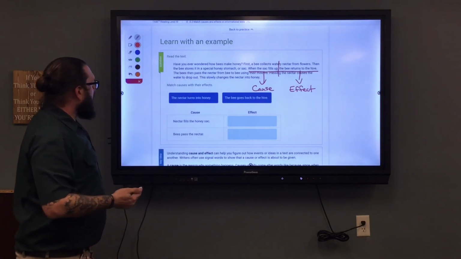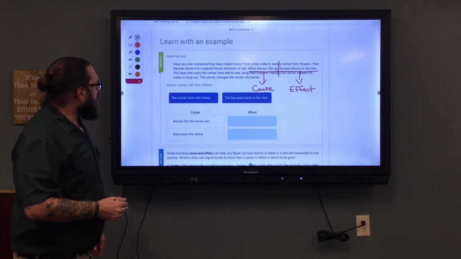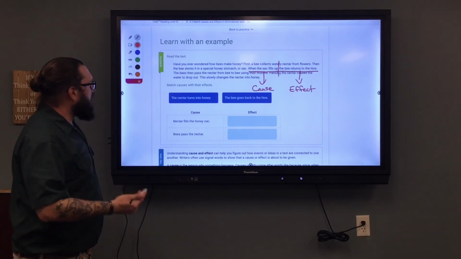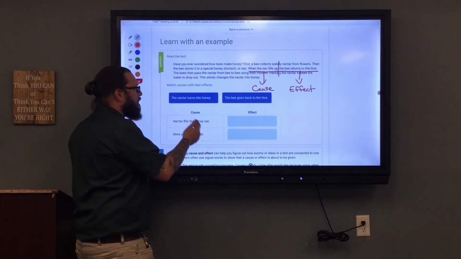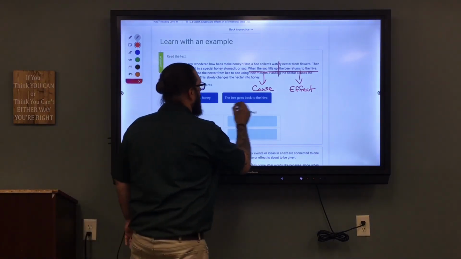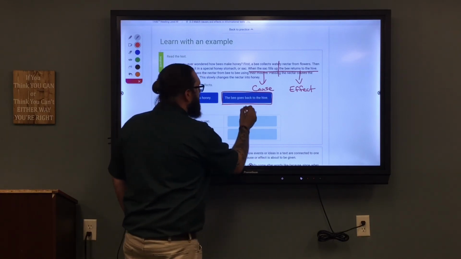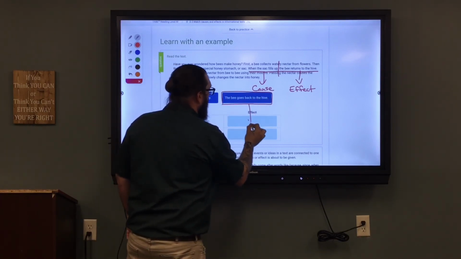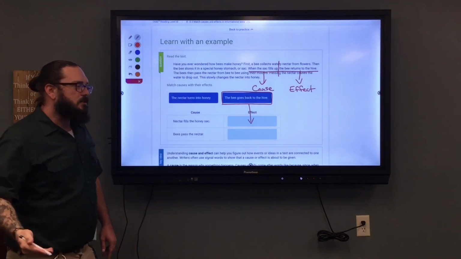So if we look at our two effects that are given, the nectar turns into honey, the bee goes back to the hive, we know that when nectar fills the honey sac, the bee goes back to the hive. So that is our first effect.